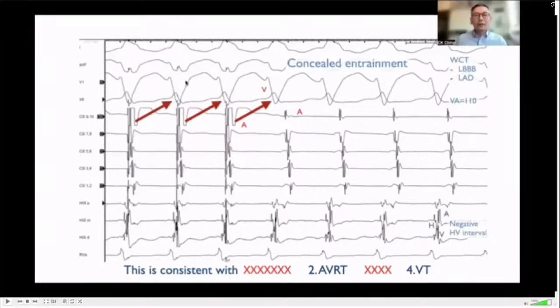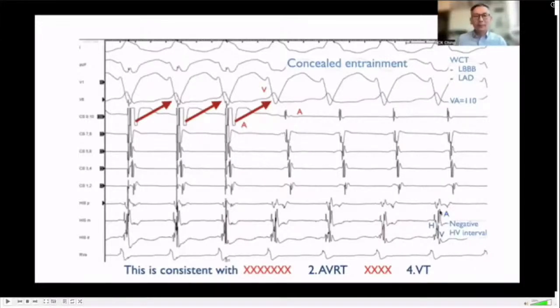The features of the QRS morphology during atrial overdrive pacing and during tachycardia are similar, with the features described previously. It shows a left axis deviation, left bundle branch block, consistent VA interval of 110 milliseconds, and a negative HV interval.